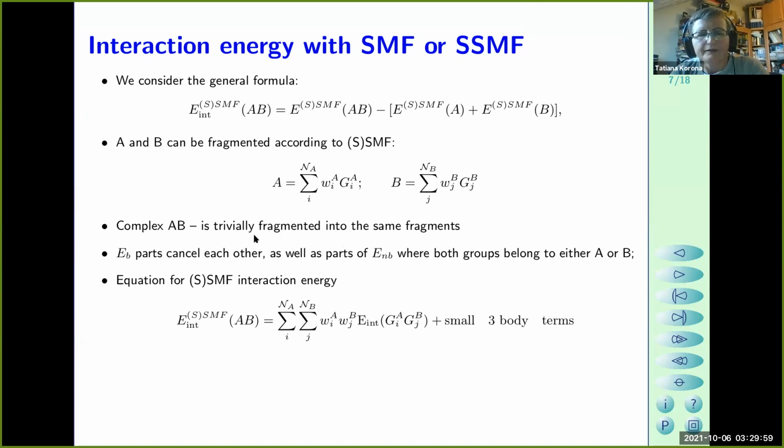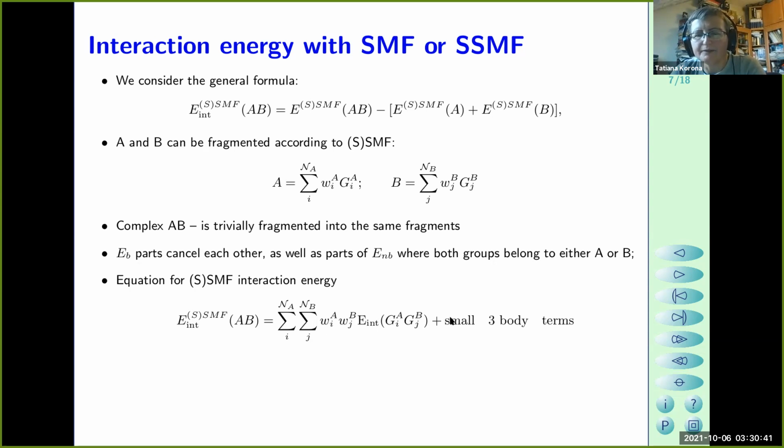In this case, the bonded parts cancel each other, as well as the non-bonded parts where both groups belong to either A or B, and we get the equation for the systematic molecular fragmentation interaction energy as a sum of the interaction energies between fragments, of which one belongs to one molecule and the second one belongs to the second molecule, with, of course, appropriate weights.